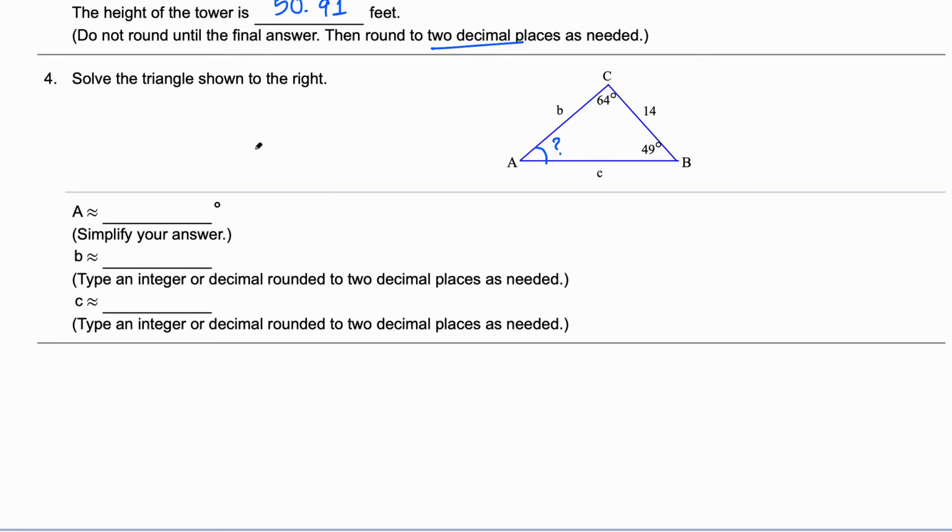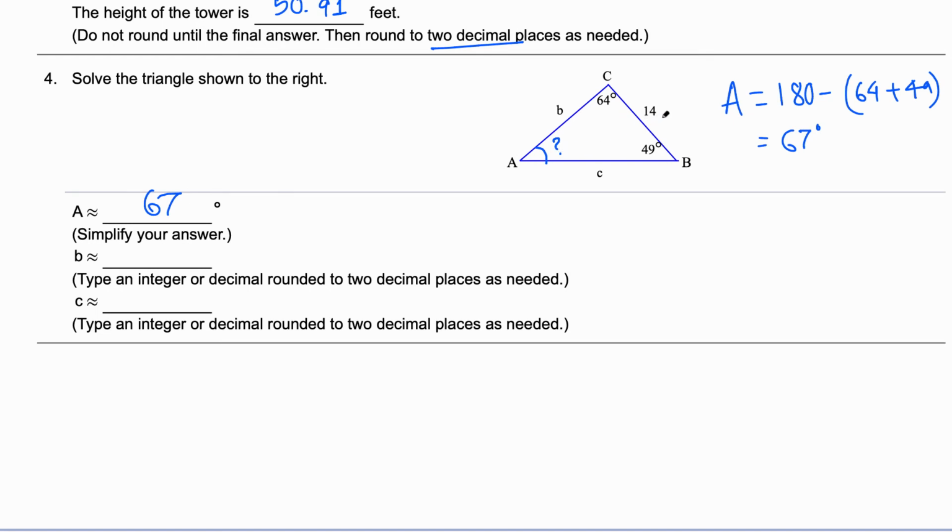So A is 180 minus the sum of the other two, 64 plus 49. So add these two angles and subtract from 180. That is 67. So A is 67 degrees.